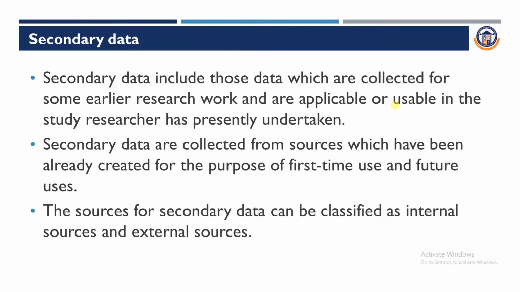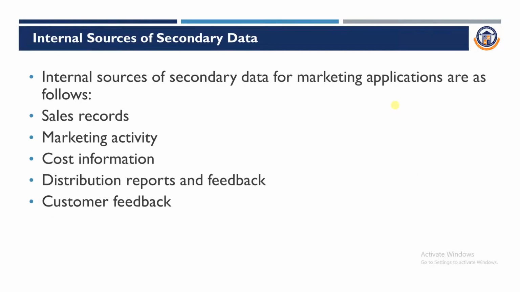Here also you can make use of such information which is already stored and referred. The sources of secondary data can be referred to as internal and external sources. Internal sources, all of us know. Several sources of internal data in the organization would be sales records, marketing activity, cost, budget, your accounts, reports, and customer feedback, all of which come under secondary data.